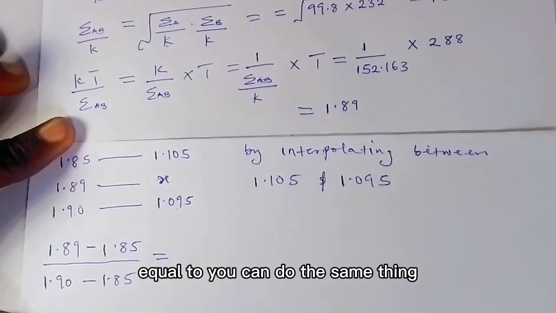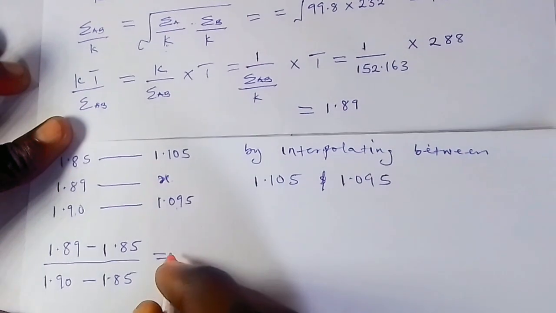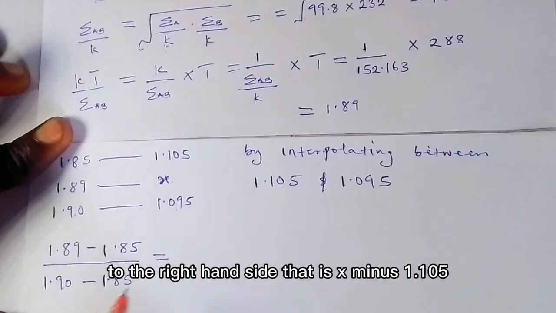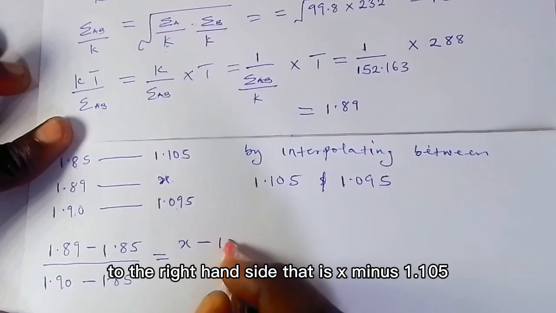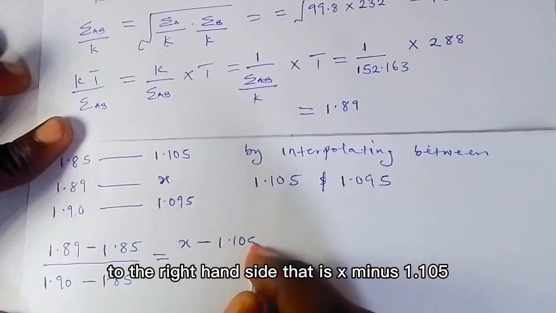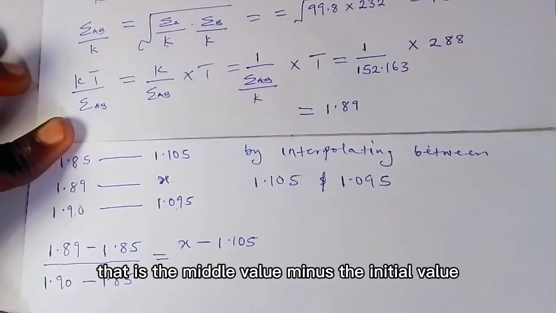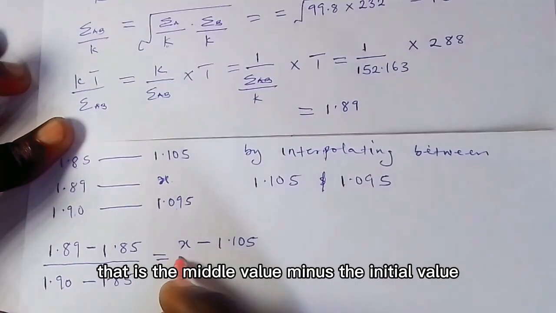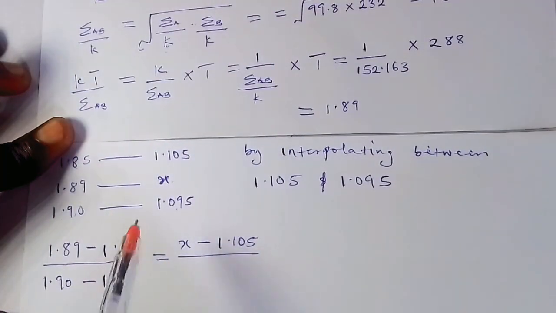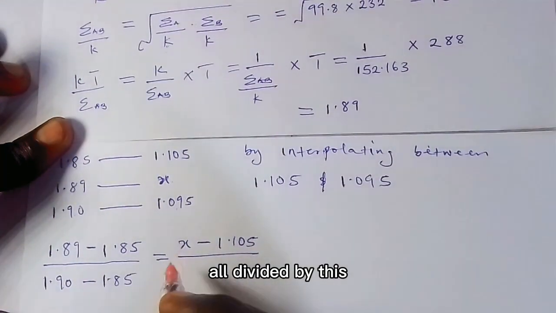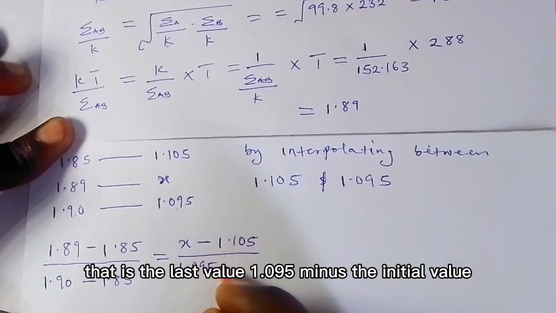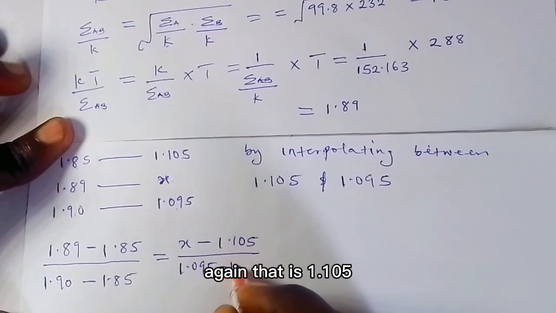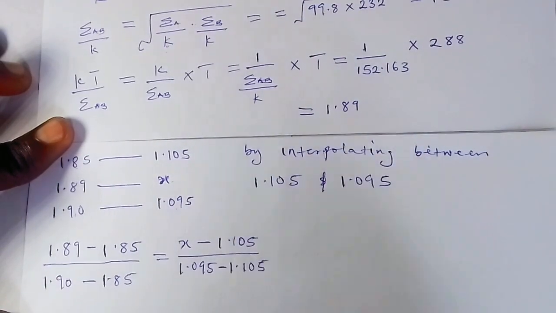equals, you can do the same thing to the right-hand side, that is x minus 1.105, the middle value minus the initial value, all divided by the last value, 1.095, minus the initial value again, 1.105.